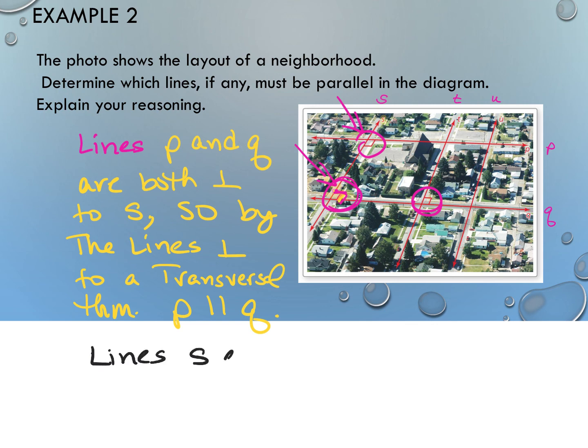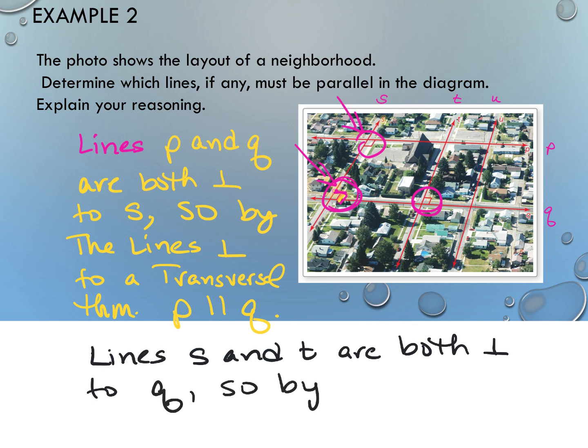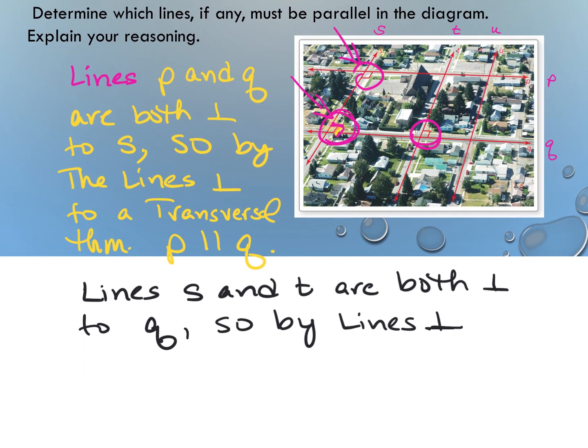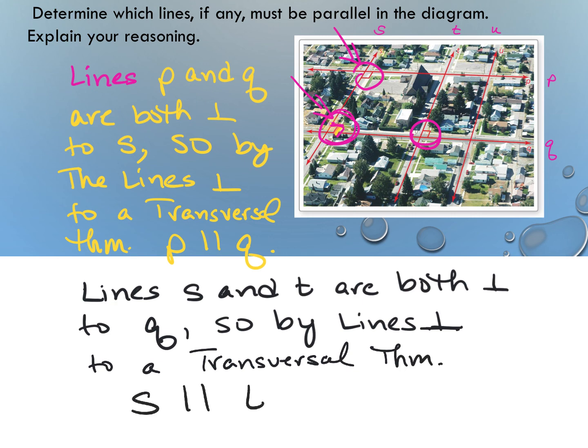Lines S and T are both perpendicular to line Q. And again, by the lines perpendicular to a transversal theorem, I can conclude that S is parallel to T.